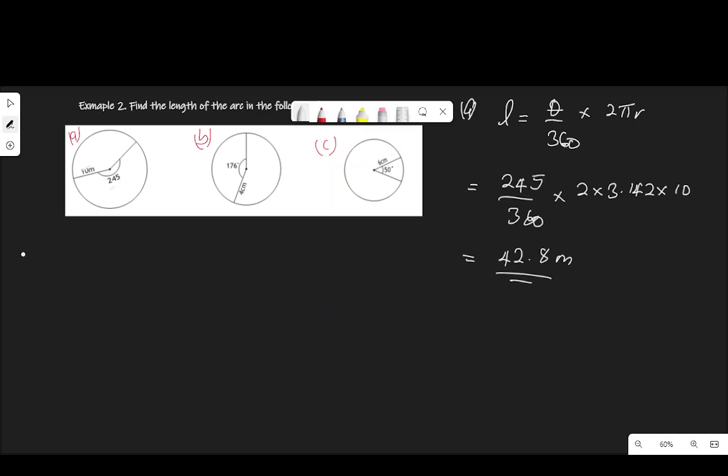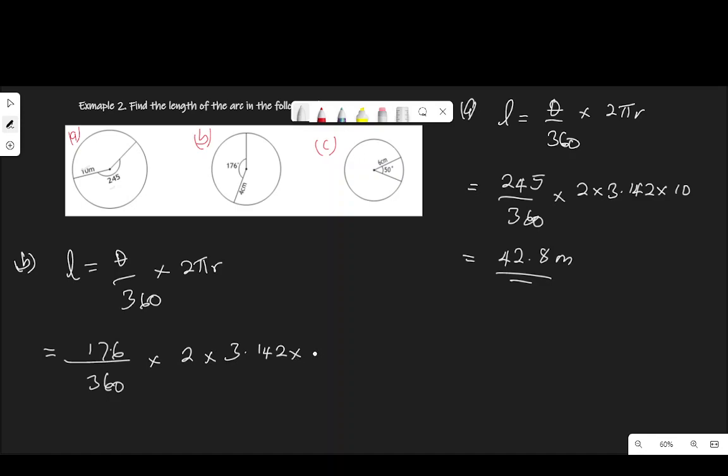Now let me do B here. B says, again, length of arc is theta over 360 times 2 pi r. Here, theta is 176. I have 176 divided by 360 times 2 times 3.142 times the radius. The radius is 4 centimeter.